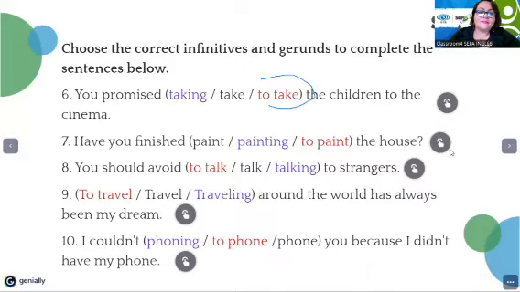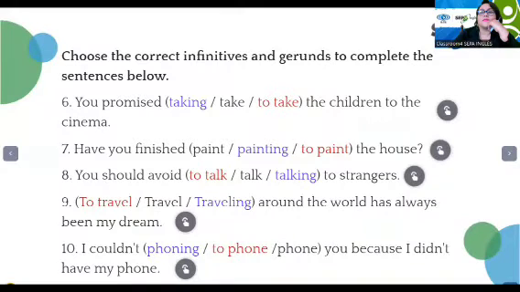Okay. So, painting or to paint? Let's see. What is the answer? So I hope you have your answers, and let's see the number 7.